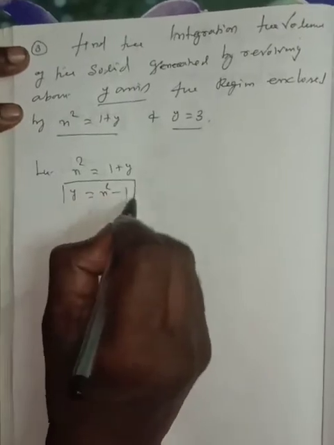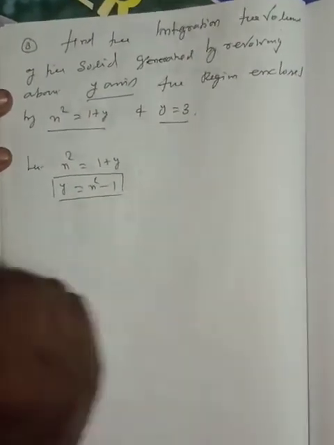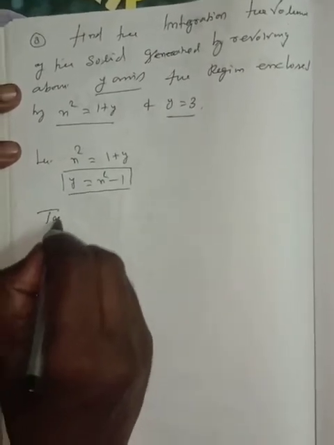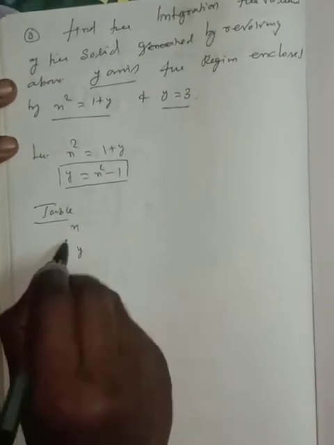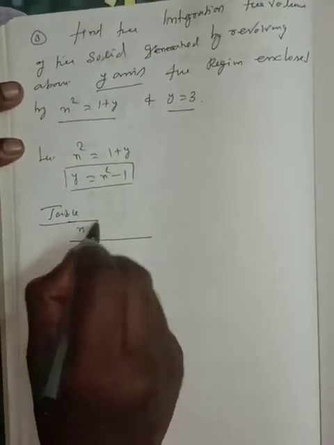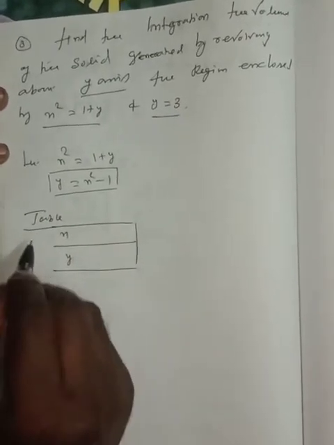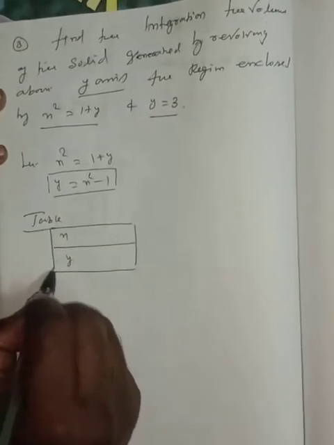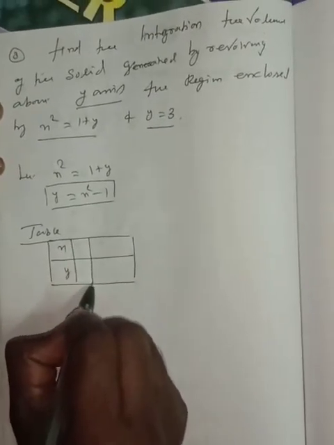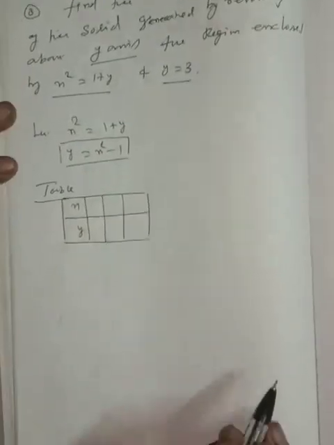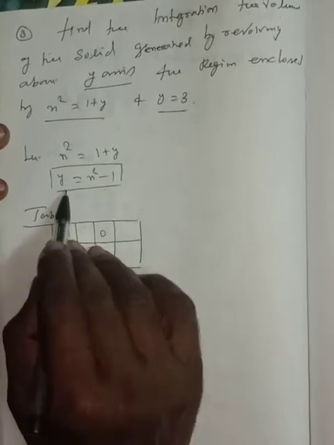Now, table of x and y. For x equal to 0, apply: y is equal to minus 1.